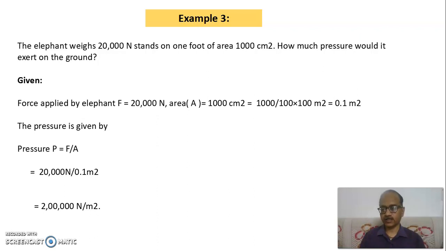Decimal is removed from the denominator, so 1 zero will increase in the numerator. That means in the numerator there will be 5 zeros now. That is 2, then after that 5 zeros, Newton per meter square. In standard form, you can write it as 2 into 10 power 5 Newton per meter square.